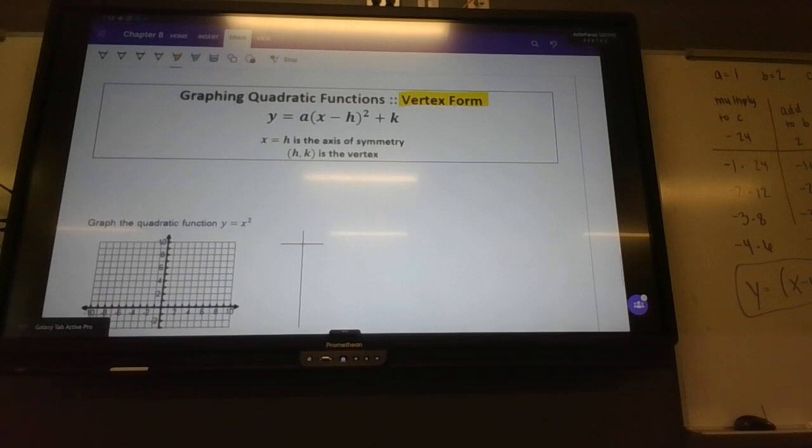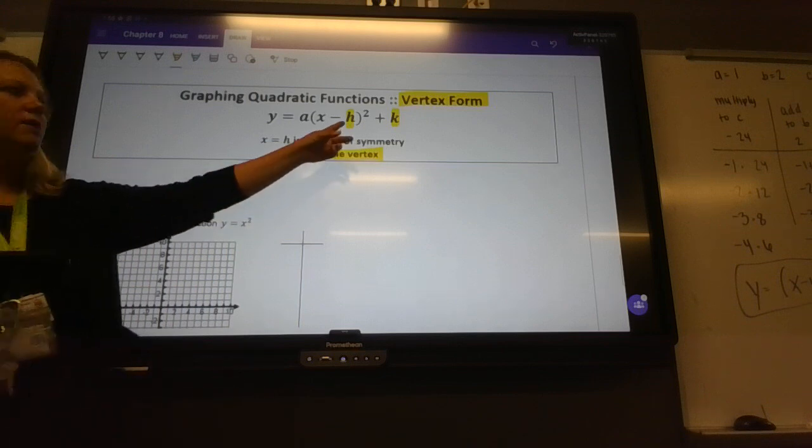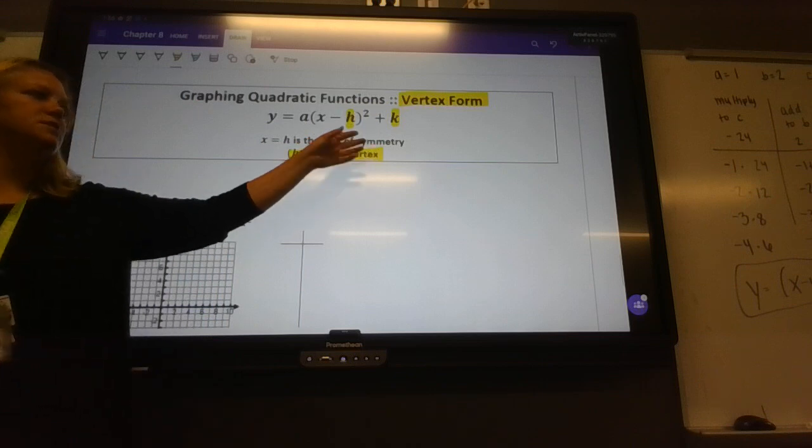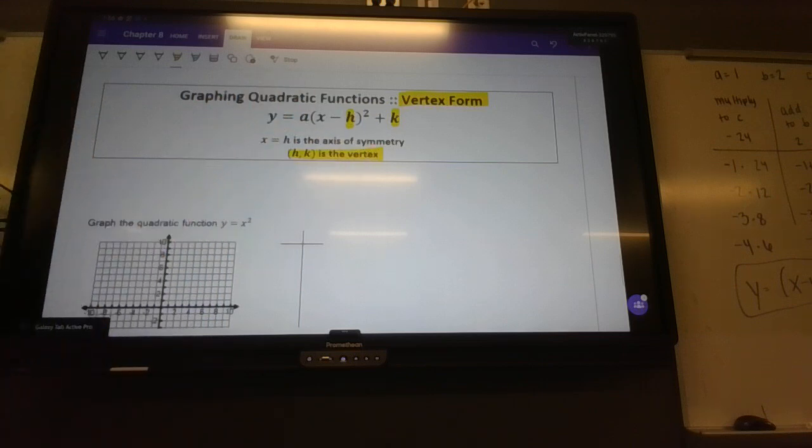Underline or circle or highlight. H and K are the vertex. You know what I think is the most visually unique thing about vertex form is the exponent. Notice that there's a power of 2 on the parentheses.